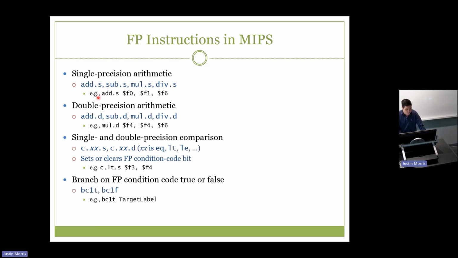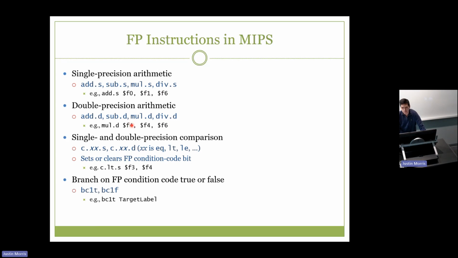With single precision, you have all of the registers, so we use them individually. So this would be, the result goes into F0, and we're adding F1 and F6. With double precision, you're specifying the first register of the pair.